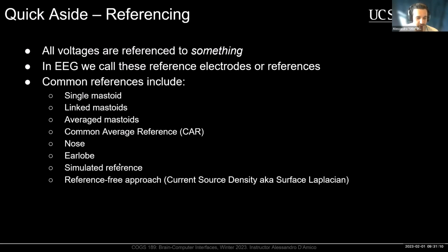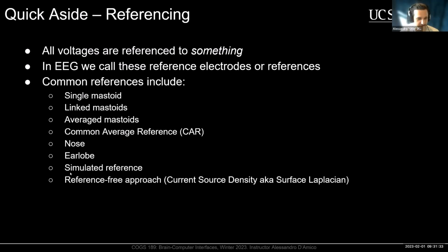And then what you would do offline, once you've collected all of the data that you need, is often choose a reference electrode like the single mastoids or average mastoids or something, and then re-reference your data to that new reference channel, if that makes sense.